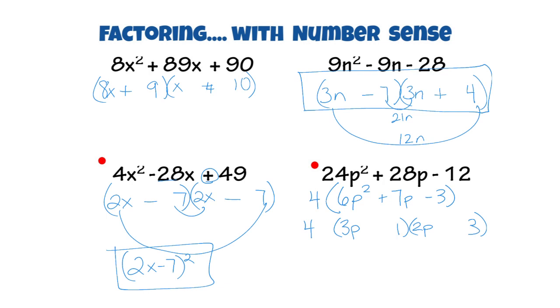And, oh, it's a 9 and a 2. That's what I want. I want that to have a difference of 7. I do want it to be a positive 7, so I want my 9 to be positive, and I want my 2 to be negative. And that is your factored version. All right, so just trying to encourage you to use a little mental math on these problems.